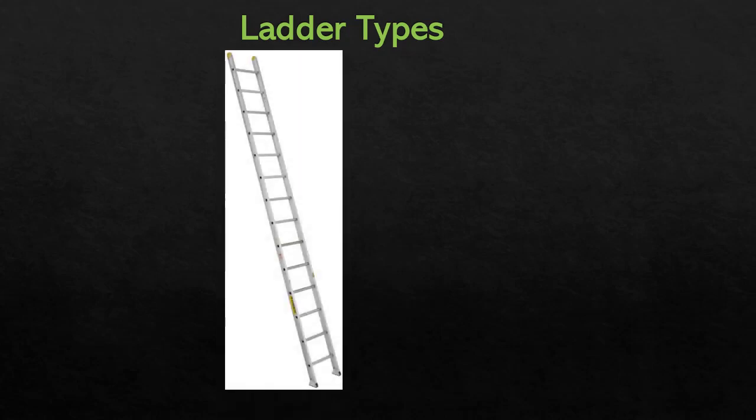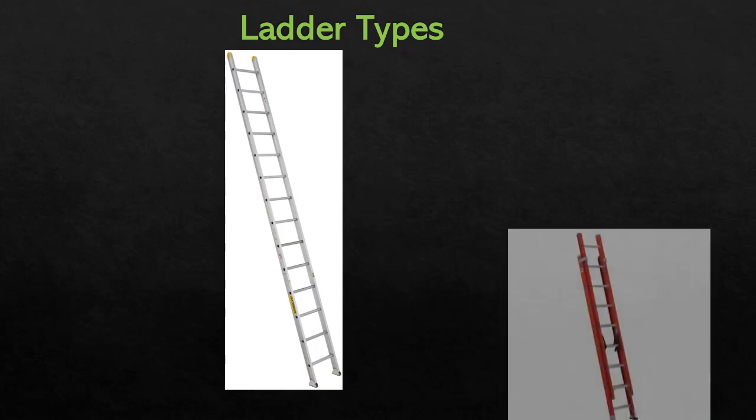Let's quickly review some ladder types that you might see in the workplace, or that you might have in your home. This is the basic step ladder. It's got little feet at the bottom to give you a stable surface, and then it goes up. It's the length that it is. It's not adjustable. This is a very common ladder type.